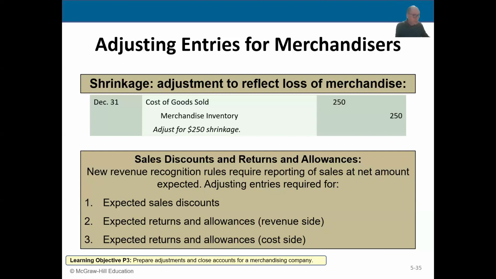In business, sometimes we need to estimate. We might estimate that a certain percentage of our sales are going to come back to us, meaning that a certain percentage is going to be defective. We're going to offer a certain percentage of discounts to customers. So we need to estimate for those things. That's the other reason why we make adjusting entries.